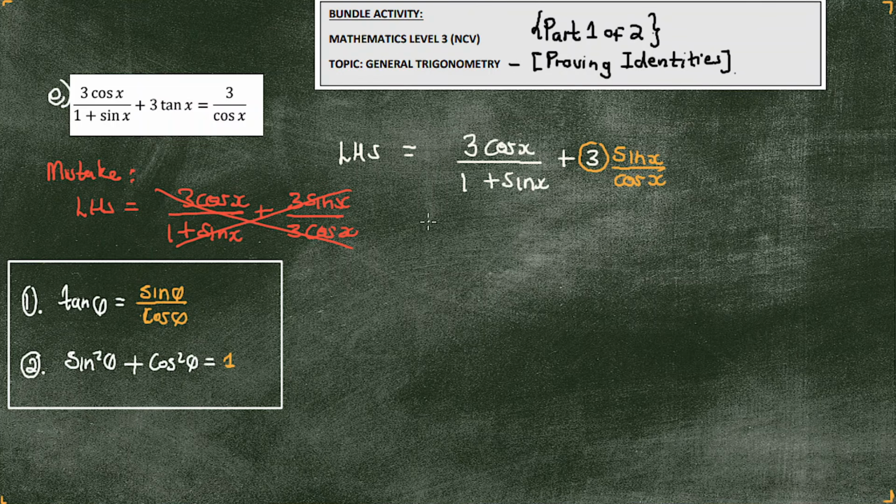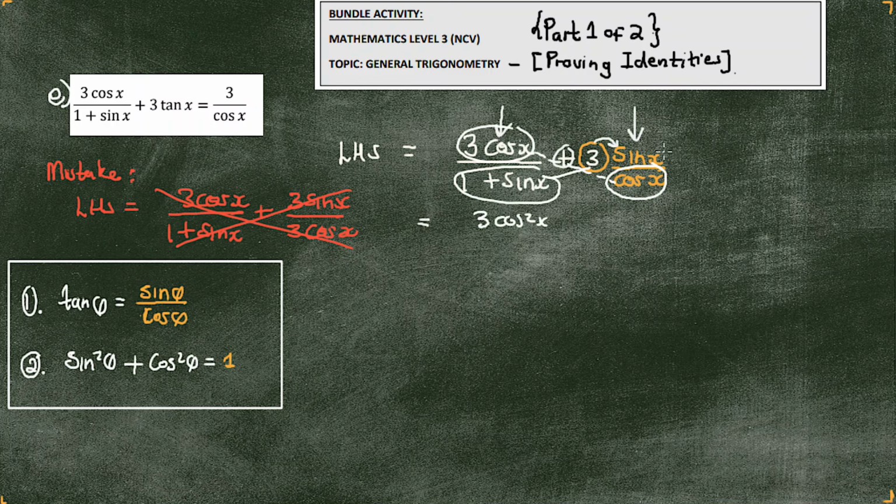Okay, now actually the 3 should be placed next to the sine, right? Now I have fraction 1 adding to fraction number 2. So what do we do? We tip and times, right? No, not tip and times, but butterfly method. This multiplies that, it gives us a 3 cos squared x.